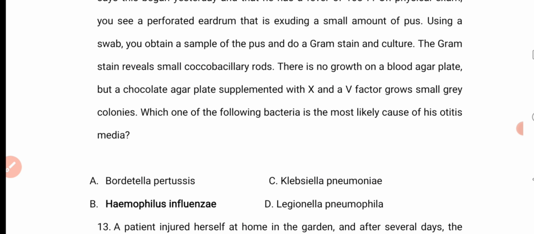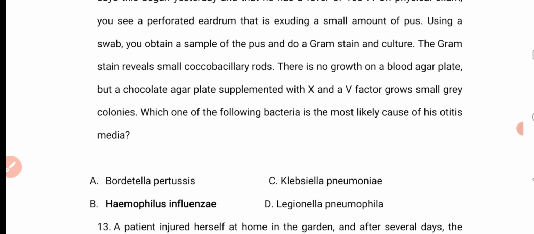So here we see the growth characteristics. The first thing is that it is not growing on the blood agar plate, but it is growing on chocolate agar supplemented with X and V factors. These X and V factors are hemin and NAD, nicotinamide adenine dinucleotide.